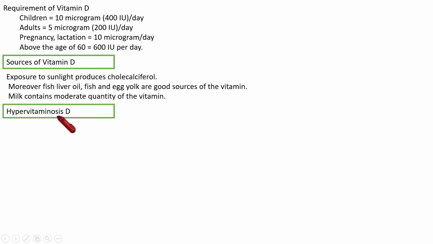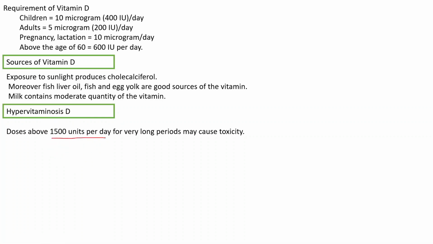Then hypervitaminosis D. That means when the level of vitamin D in our body is high, then what will happen? That condition is called hypervitaminosis D. And what is the level? If the dose is above 1500 units per day for a long period, that is toxic.